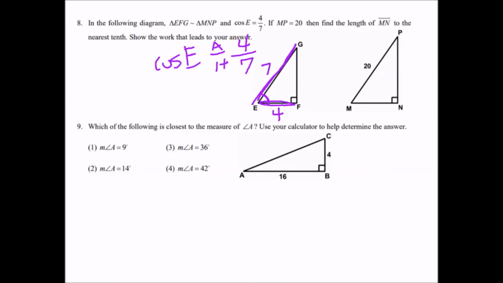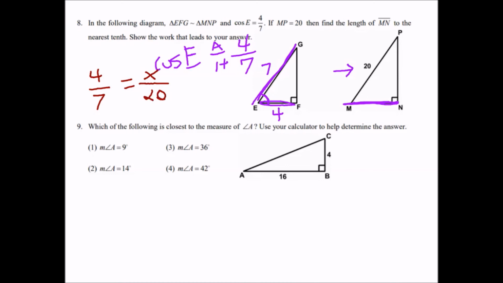Now we want to find MN, so this side here, and we're told that the hypotenuse here is 20. So what we can do is set up a proportion. We've got 4 to 7. Now the 4 corresponds to the side we want to find, I'm going to call it X. And then the 7 corresponds with the 20, the hypotenuse.